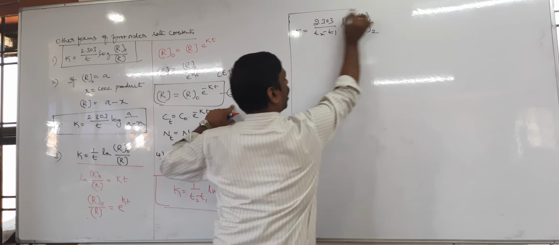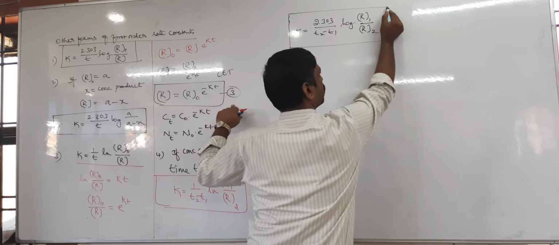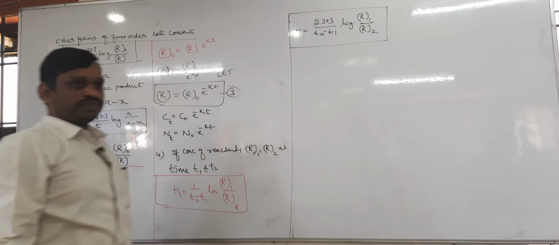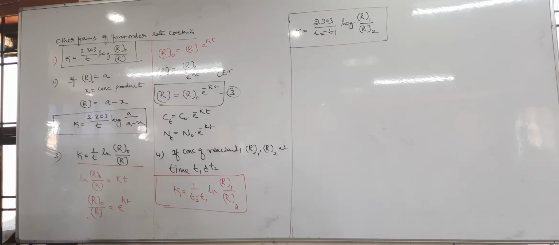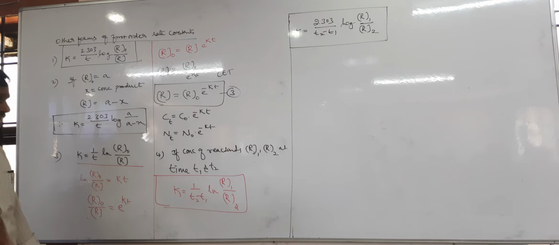R1 is more compared to R2. So these are the different forms of the rate constant of a first order reaction. You have to remember. So which of the following represents first order reaction? All four, 1 2 3 4 represent the first order rate constant.